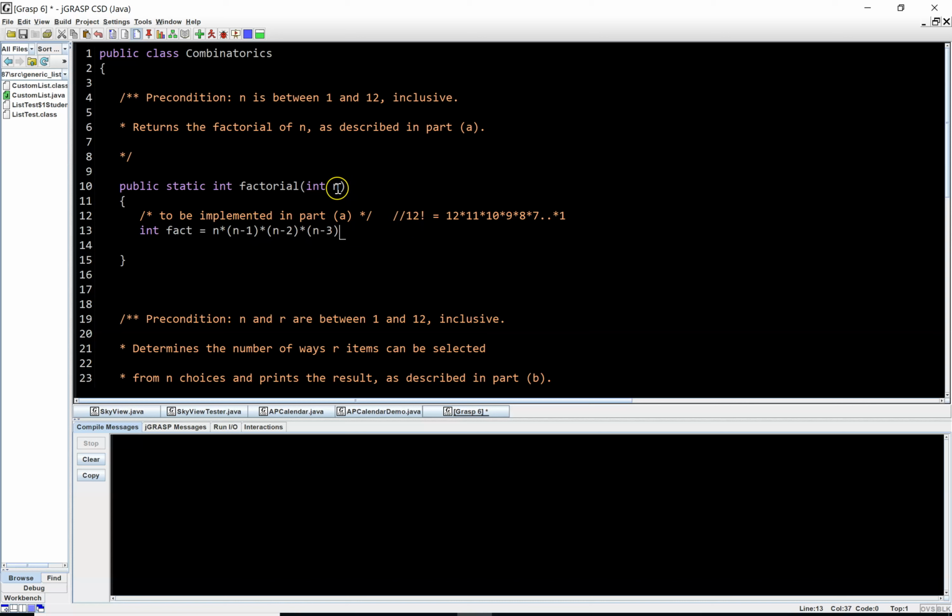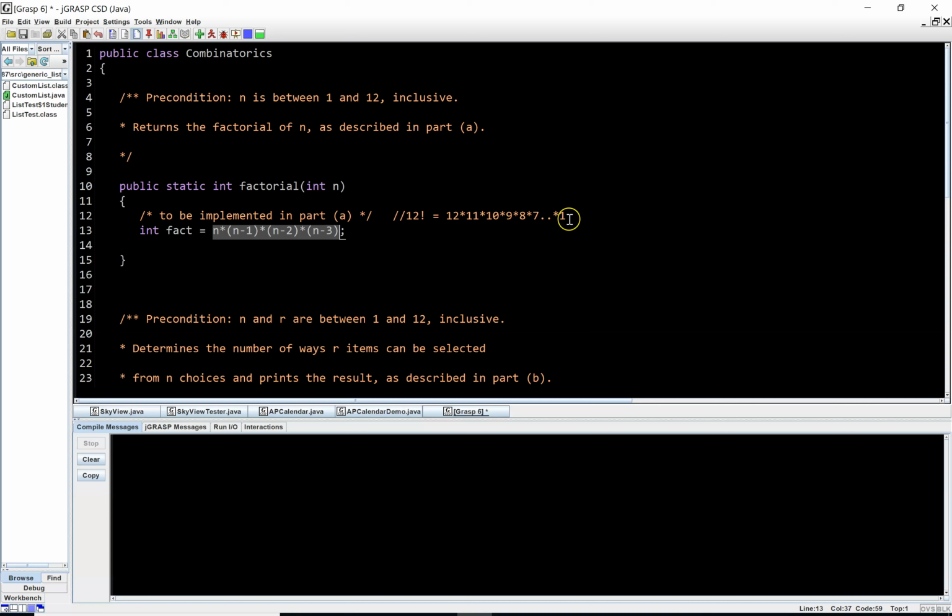For example, if we had n equals 3. If n was 3, this would be 3 times 2 times 1 times 3 minus 3 is 0. And so this implementation that I have right now would not work for n equals 3 because it would give me 0. And 3 factorial is not 0.